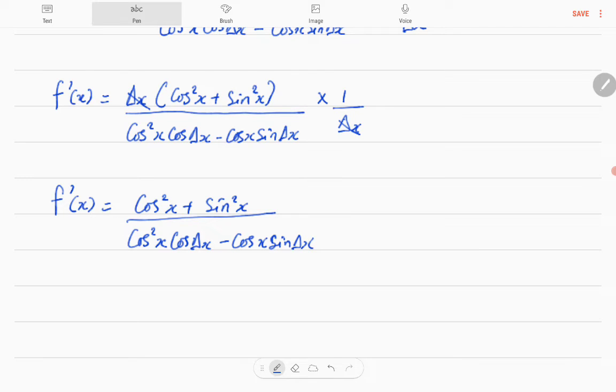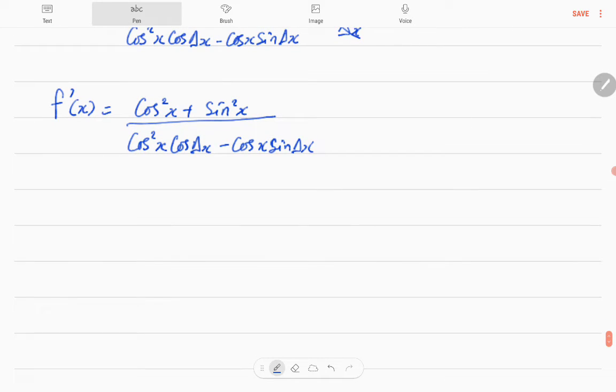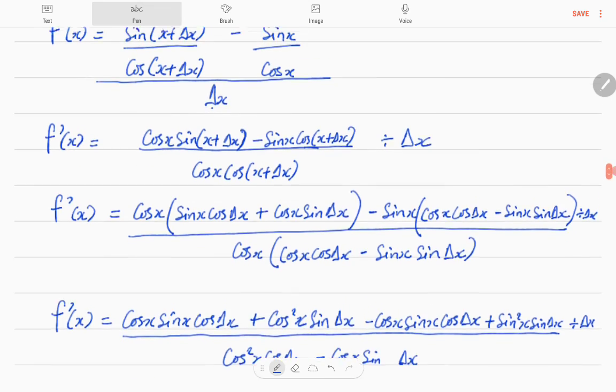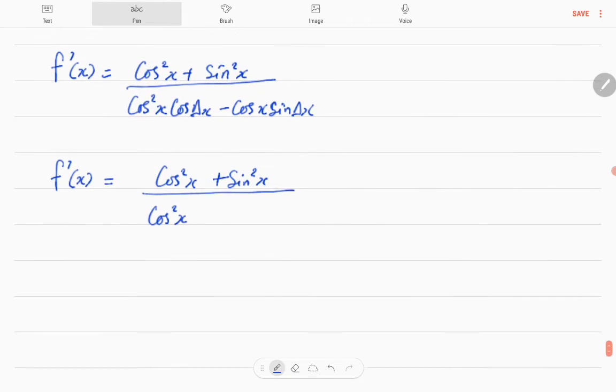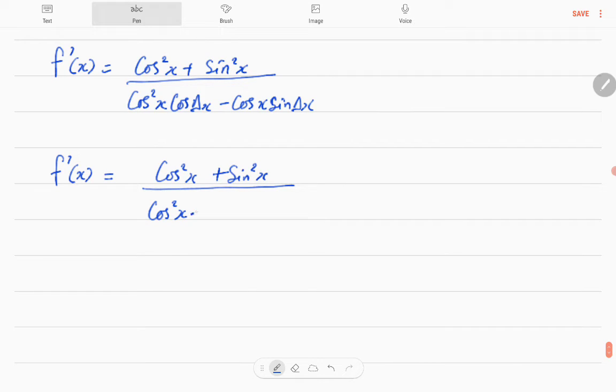Now we are still going to limit cos dx and sin dx. So we'll have f prime of x is equal to cos square x plus sin square x divided by cos square x. Of course, we said cos dx tends towards 1, and sin dx tends towards dx.